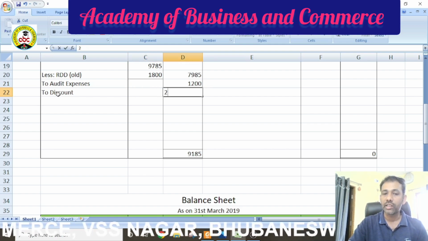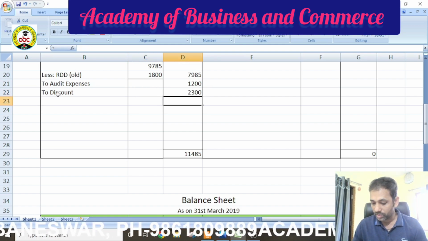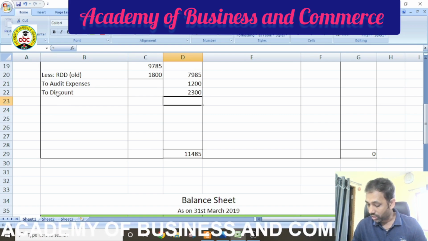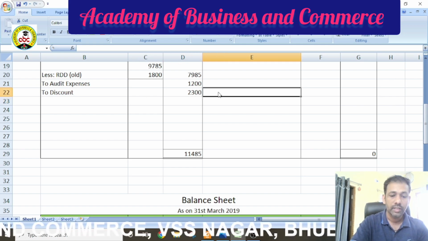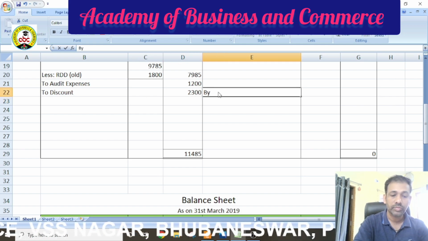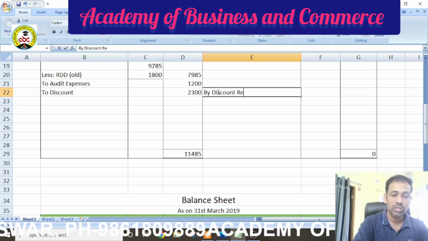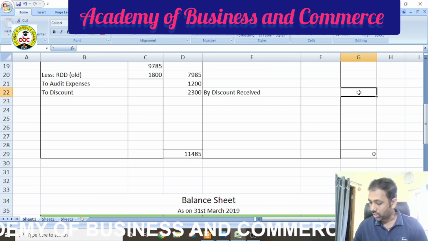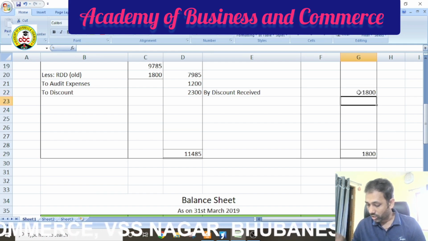So directly take it in the outer column. 2,300 is given in the trial balance. And discount received, another discount received which is given in the credit side. Discount received, simultaneously you also have to put the same item, by discount received, and the amount is given 1,800. And purchase return is already declared.